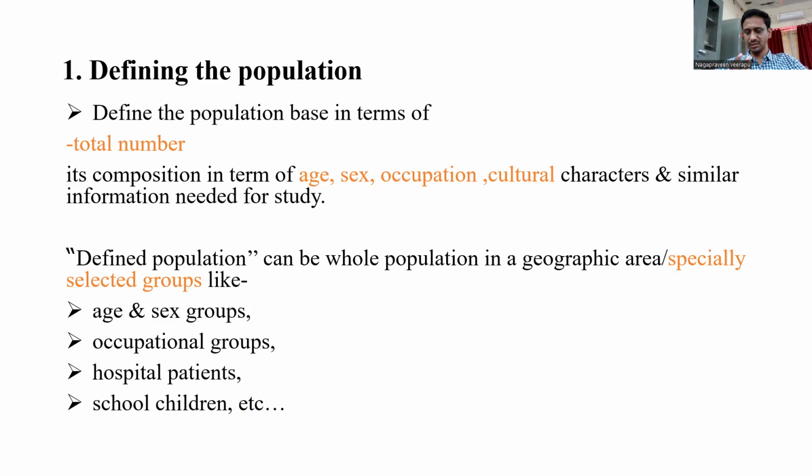You are doing it on women, the sex matters. Suppose menstrual hygiene, in ladies only we will do menstrual hygiene. The occupation, we are seeing stress among the doctors, the occupation of the doctors. The cultural factors that are involved in different communities.